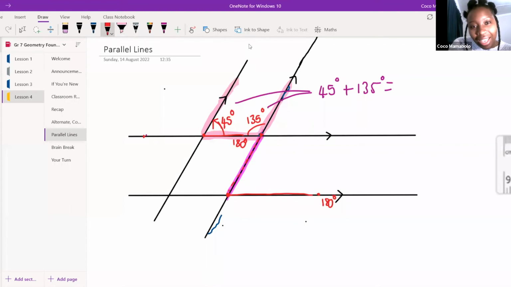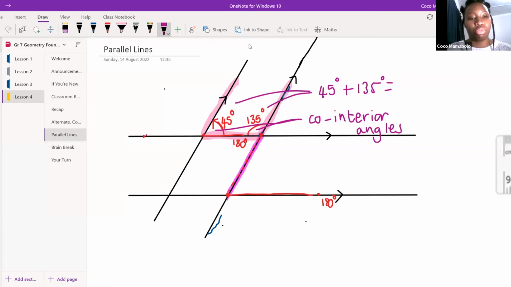Inside this box, we've got two interior angles, and these two angles, this one and this one put together, are called co-interior angles. That's something I also need you guys to remember. Inati, you've made a calculation mistake somewhere, trust me. They should give you 180 degrees. They're called co-interior angles.